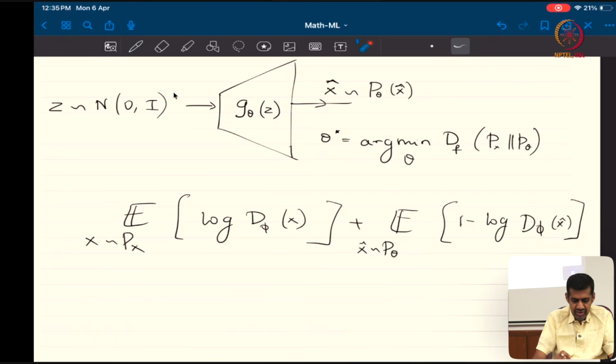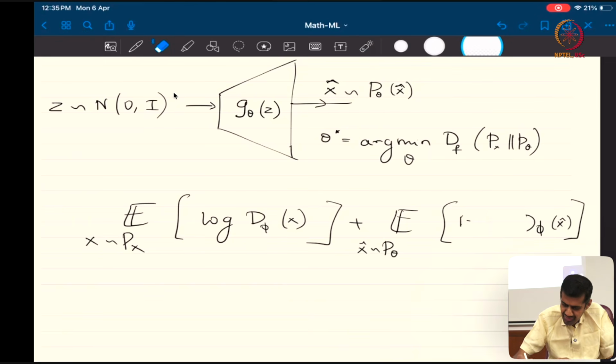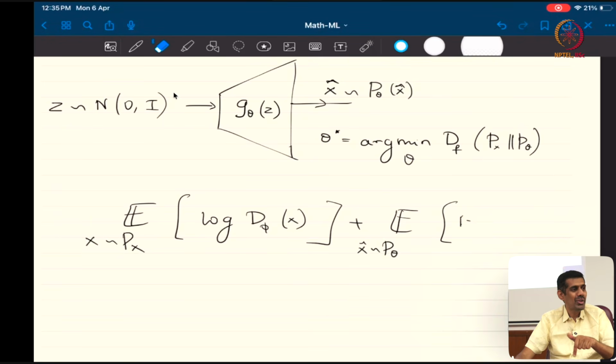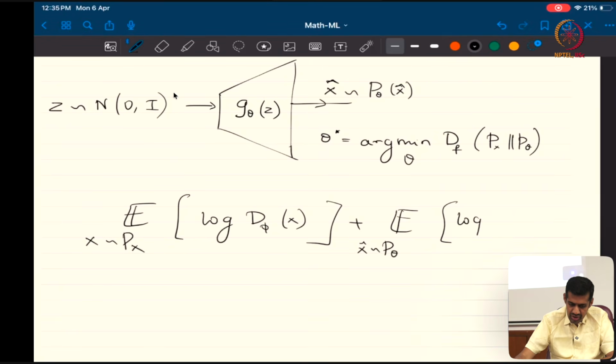I think this is log of D, and let me just confirm this once. Log of 1 minus this, yes. I think this is the case where you make an approximation so that the underlying mode collapse problem will go away, but that is not what we are looking at. The naive thing will be log of 1 minus D phi of x cap.